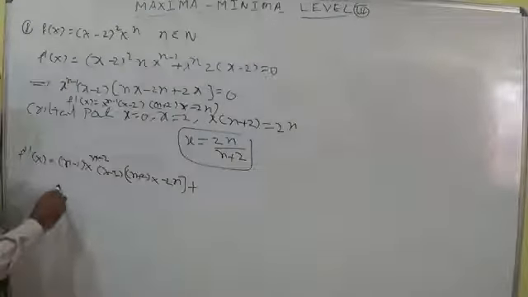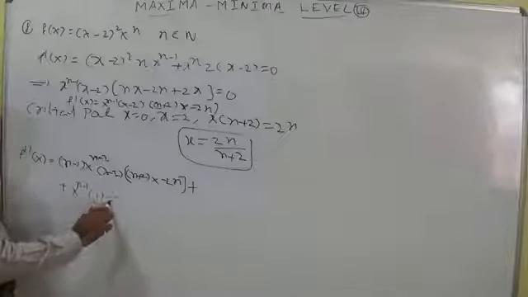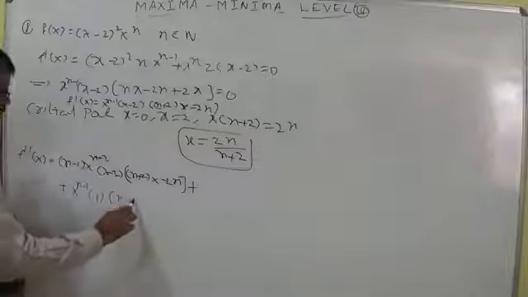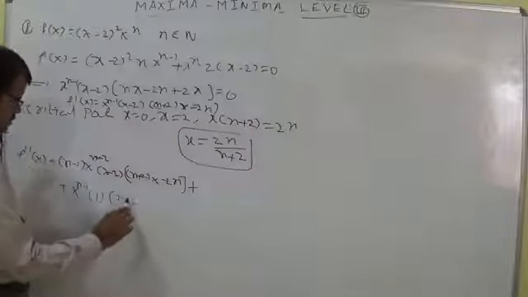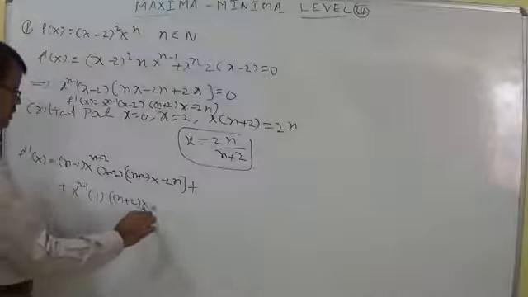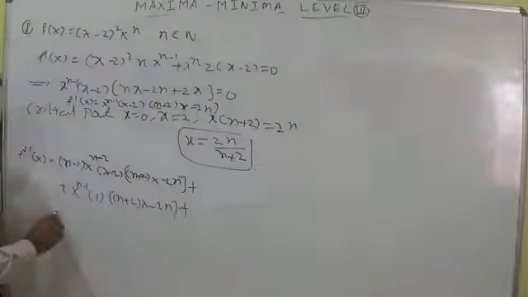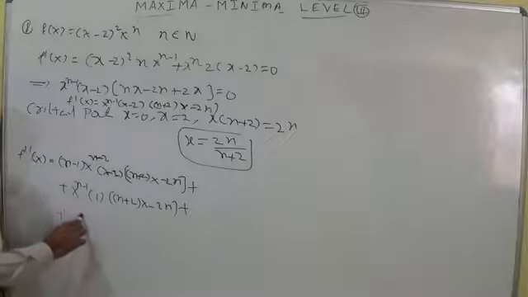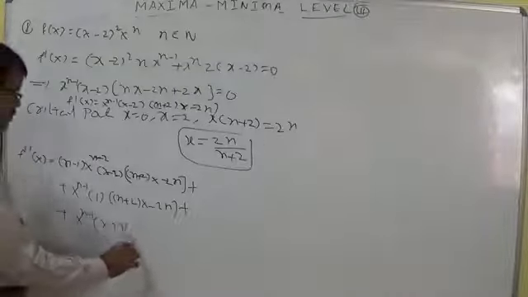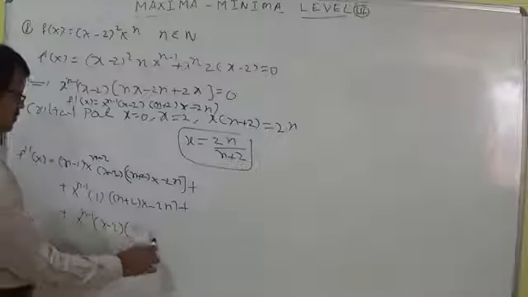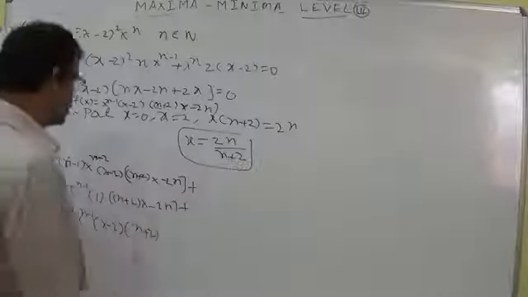Let us discuss the second function derivative: x power n minus 1 into 1 into ((n plus 2) into x minus 2n). Plus the third function derivative I am writing here: x power n minus 1 into (x minus 2) into (n plus 2) simply.